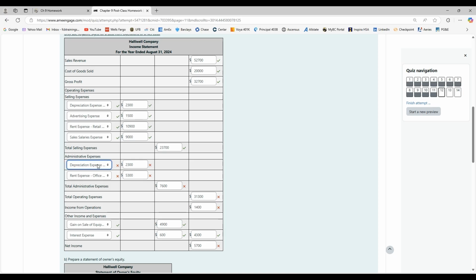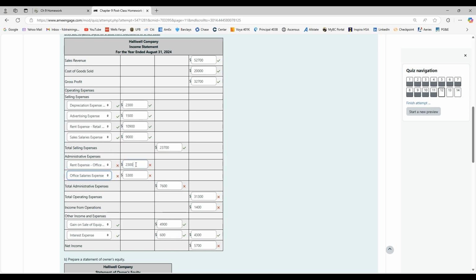Oh, I didn't change that part of it. Yeah, that should be the rent expense. What comes first, rent expense or salaries for the office? Office salaries and rent expense, office space. Is that right? I think rent expense comes first for the office space and then salaries.